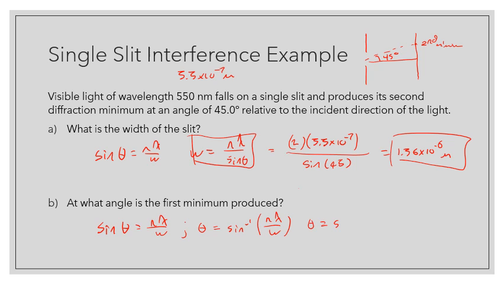So theta is equal to sine inverse of 1, since this is the first minimum, so it's 1, not 2, times 5.5 times 10 to the negative 7, all over w, which is the 1.56 times 10 to the negative 6 that we got from before. This comes out to be 21 degrees. So that's the angle at which the first minimum is produced.